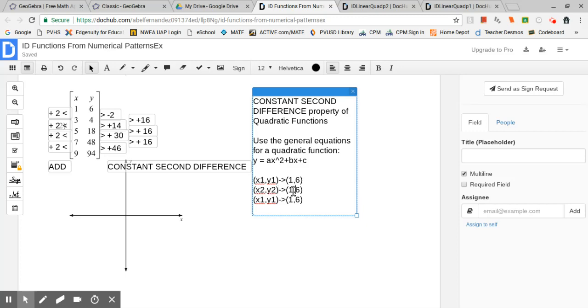We'll make the second point 3 comma 4. And the third point will be 5 comma 18, just exactly like the example when we were identifying the quadratic functions from graphs, from graphical patterns.